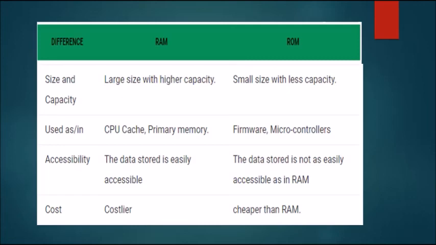Then accessibility: the data stored in RAM is easily accessible, and in ROM, the data is not easily accessible. Then cost: RAM is costlier and ROM is cheaper as compared to RAM.